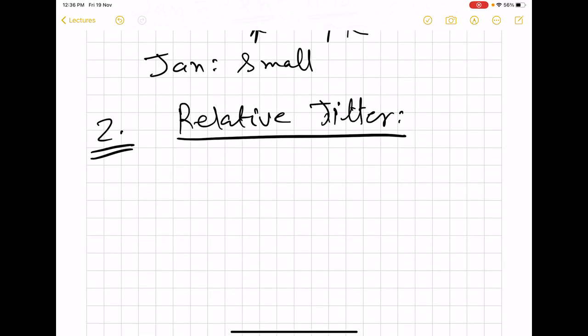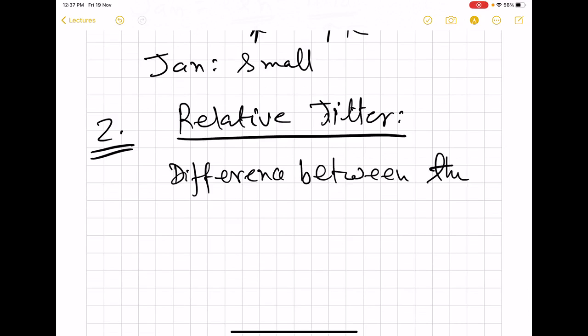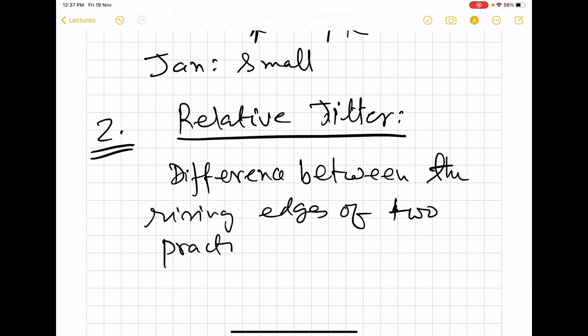So this relative jitter is the difference between the rising edges of two practical, that means non-ideal, clocks.